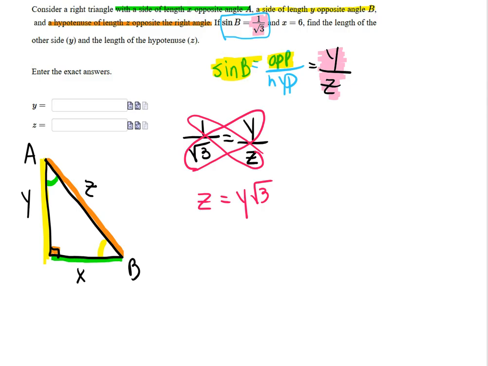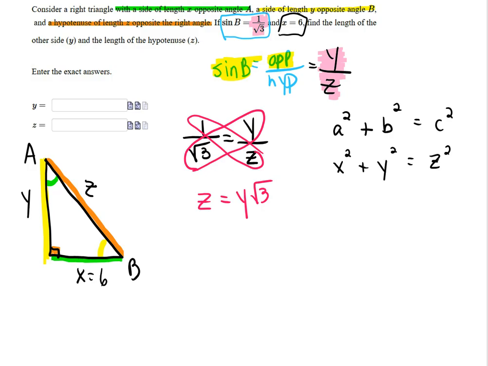The only other information they give me is that side x has a value of 6. But this is also a right triangle, and in a right triangle you can use the Pythagorean theorem, a squared plus b squared equals c squared, or in this case, x squared plus y squared equals z squared.